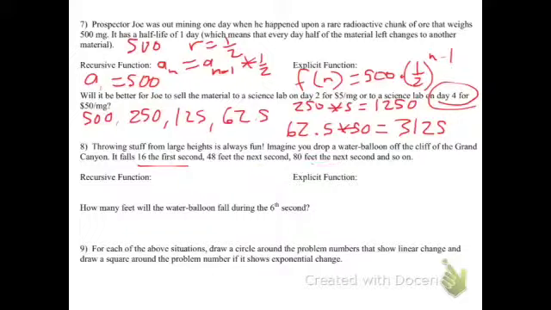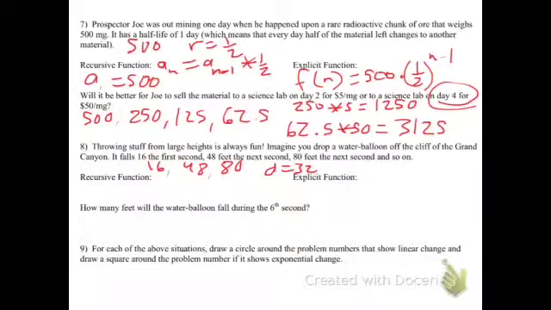Here we got 16, 48, 80. Well, let's see if it has a common difference. Between the first two we get 32. Well, between 80 and 48 is also 32, so we have a common difference of 32. That's how far it is between each of these points here. And we also have our initial value of 16.